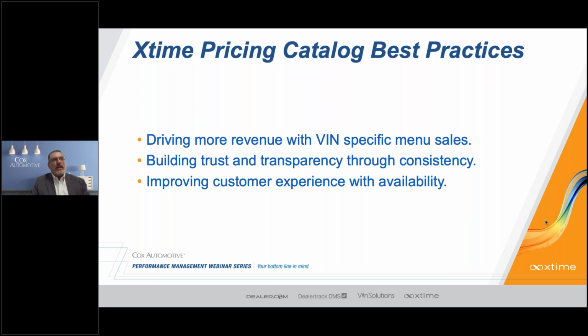We're also going to cover building trust and transparency through consistency, of having some consistent pricing that you can put in front of your customers to show that transparency. And also, we're going to go over improving customer experience with availability. That is a huge factor that will solve a lot of your headaches in your dealerships, and I'm happy to go over that.